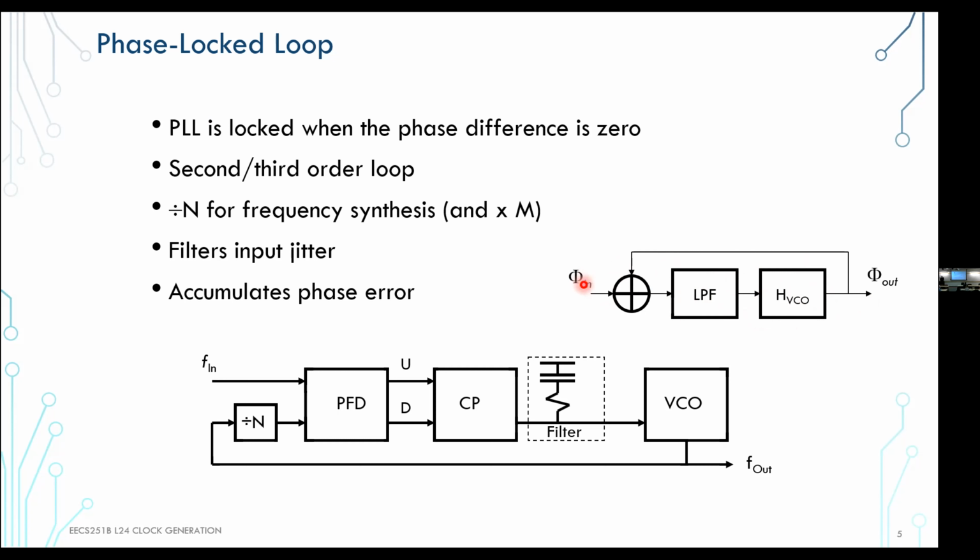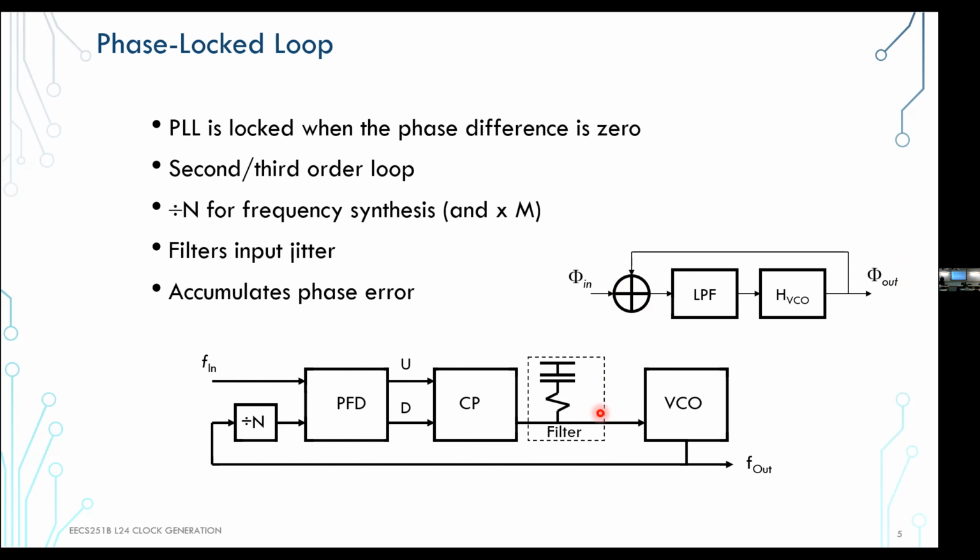Now, there may be differences in the frequency of phi in and phi out. And so this more detailed implementation diagram shows it. The PFD is the analog of trying to figure out the phase difference between the input reference and the output clock.